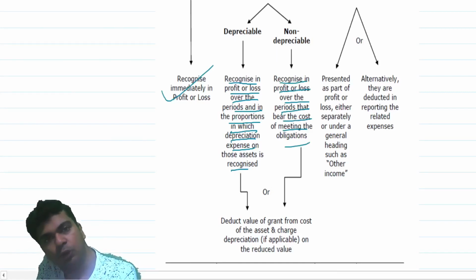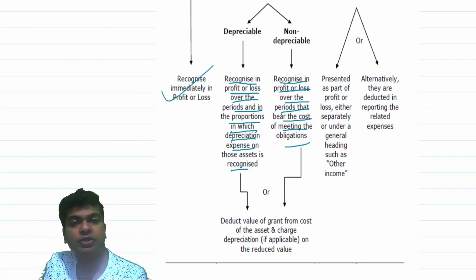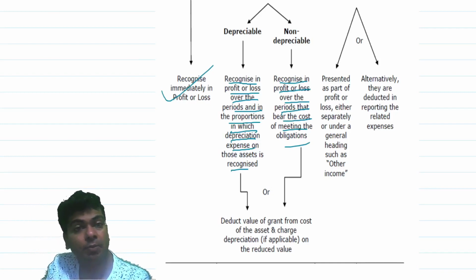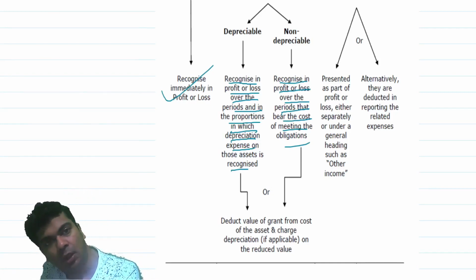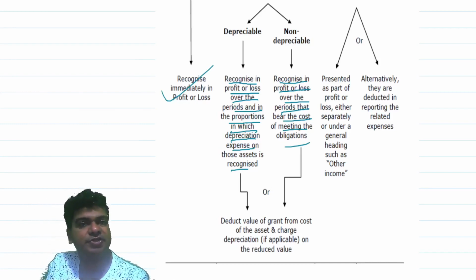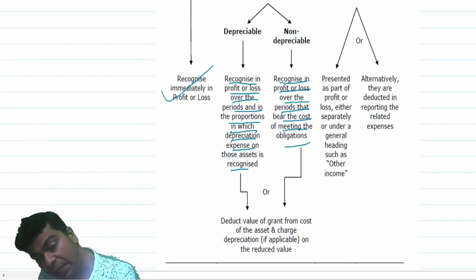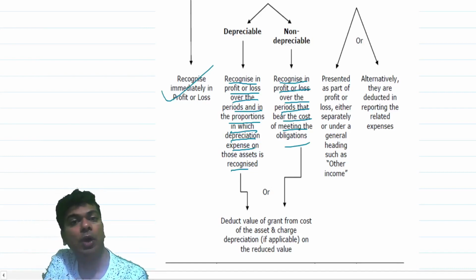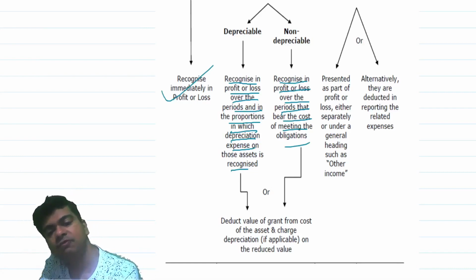So you are getting a government grant for acquisition of land. Land is a non-depreciable asset. I will not get a ratio of depreciation to amortize the government grant. That's the reason they are saying that first treat the government grant as a deferred income and then take transfers to the P&L. Question is how? You have to develop a systematic base for the same.